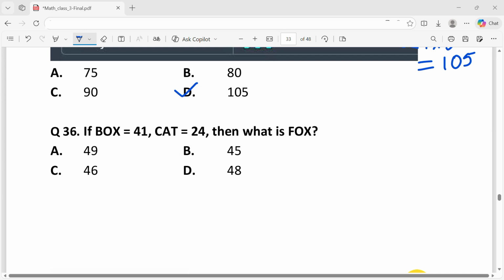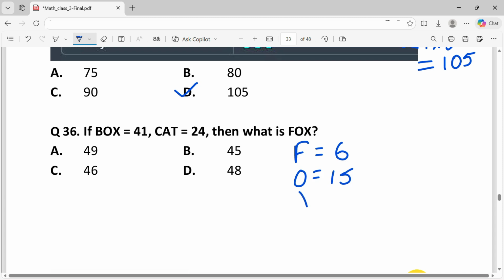Similarly, C as 3, A as 1 and T as 20, which is equal to 24. So for FOX, F is equal to 6, O is equal to 15 and X is equal to 24. That is 6 plus 15 plus 24, which is equal to 45. That is option B, 45.